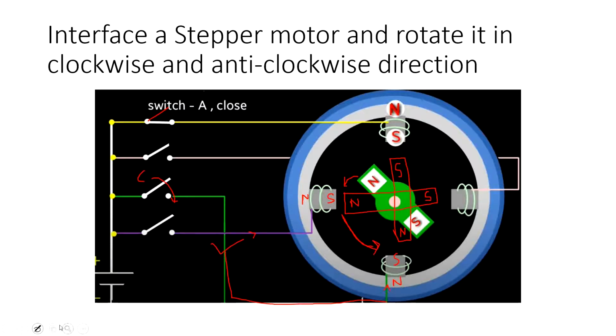Now what will I do? I will open the switch C and I will close the switch B. If I close the switch B, now the current flows like this and the current starts flowing through the wires which are there on the poles. Now this becomes the north and this becomes the south direction. So this north pole of the rotor gets attracted by this.